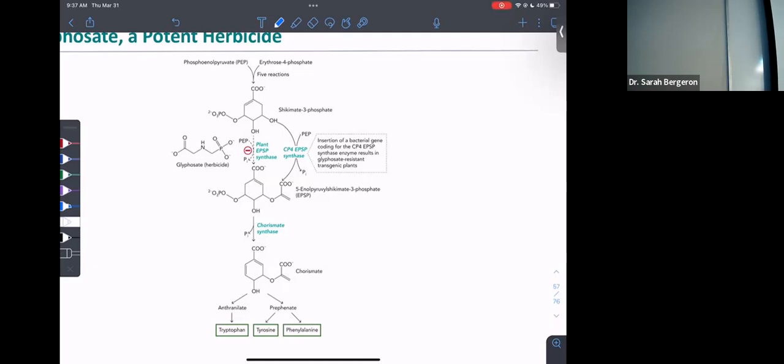How toxic do you think this herbicide is to animals? Not toxic, because we need those. We can't make these. These are essential amino acids. Do we have the enzymes that this herbicide interacts with? No, we don't have these genes. We can't make it. So how toxic is this herbicide to animals? It's not.